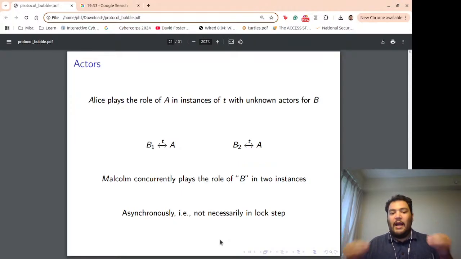In both, Alice is playing the role of A, and now Malcolm is playing the role of B in these 2 different instances at the same time, asynchronously. So he gets to choose to step in each protocol as he wishes.